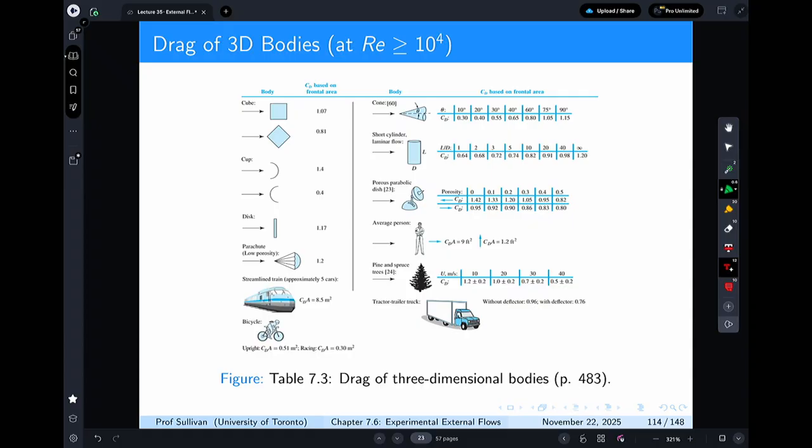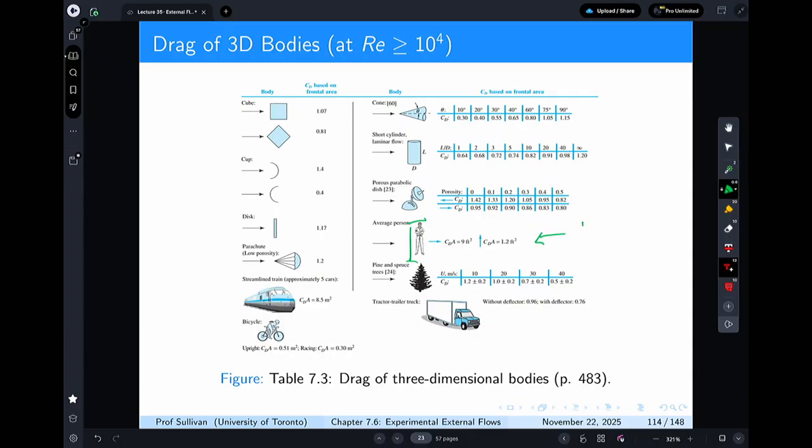You have C sub D of the average person. And I don't know what the average person's size is. There are different average people depending on what you're doing. And what will happen is you have to define them for different cases.